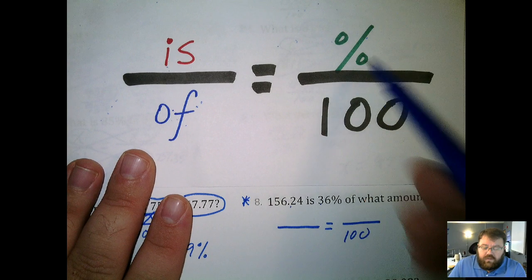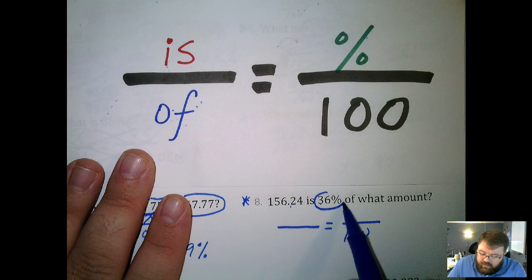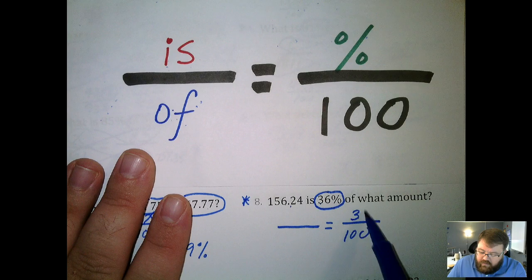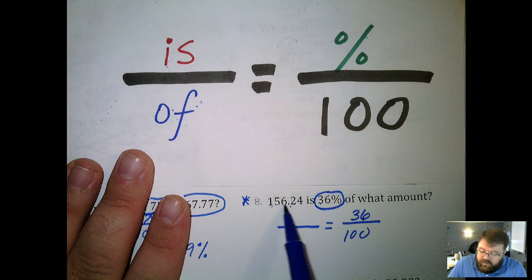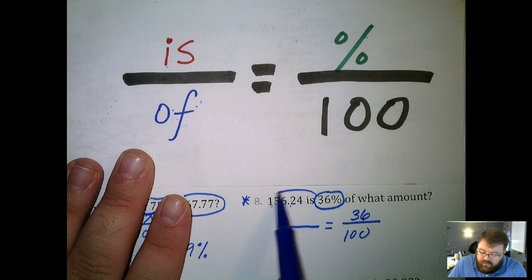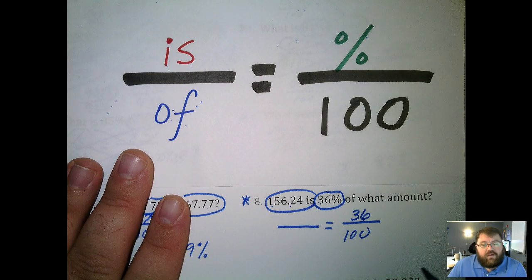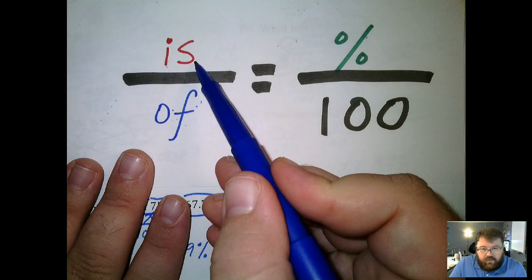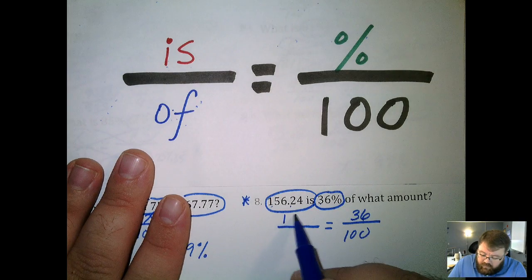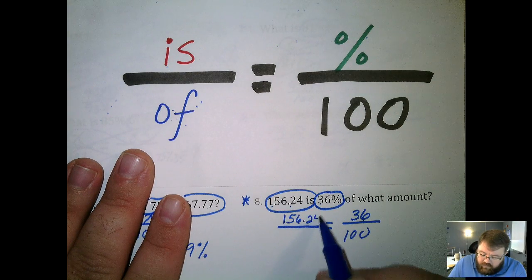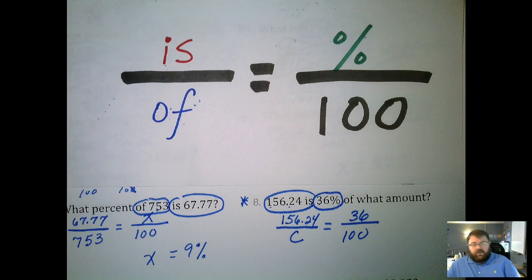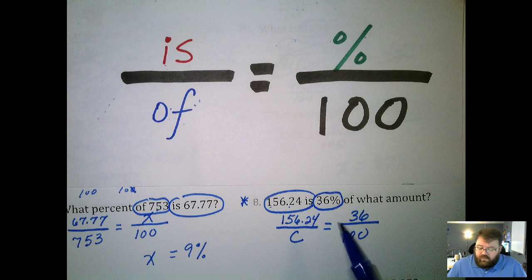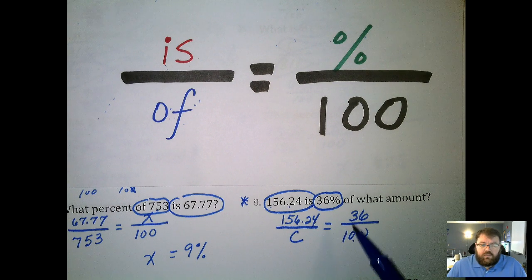Next, look for the percent. We have a percent here, which is 36, so it goes here. Next, you have 156.24 "is." Since you have the word "is," you hopefully knew that it goes in the numerator. So 156.24. Here you have your variable. Next, cross products. Multiply and divide.